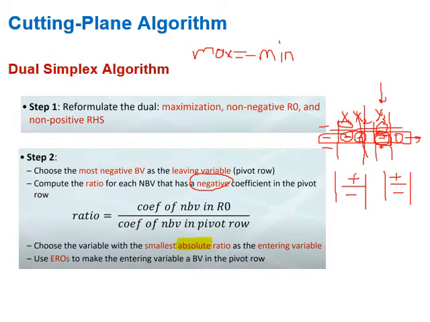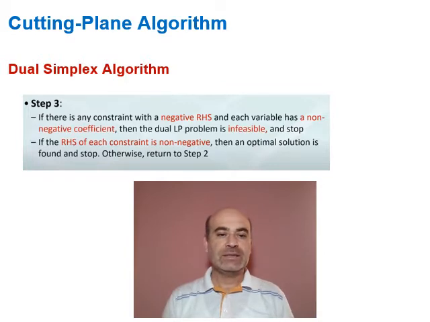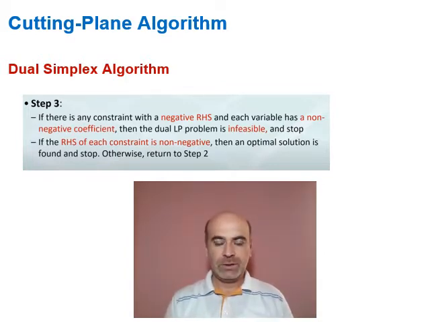In order to satisfy that, we make elementary row operations. So this is step 2. Okay, in step 3 of the algorithm, we check the new tableau.